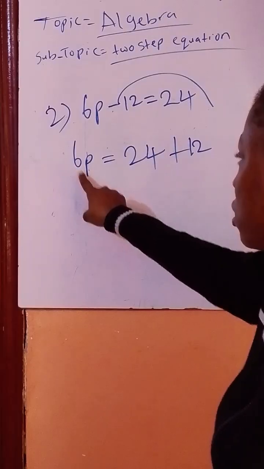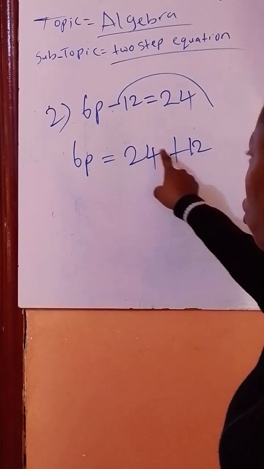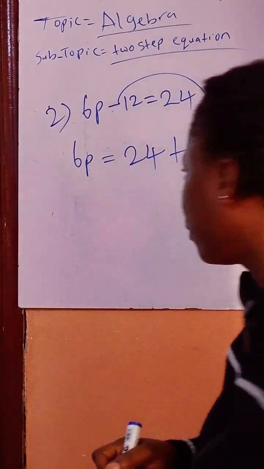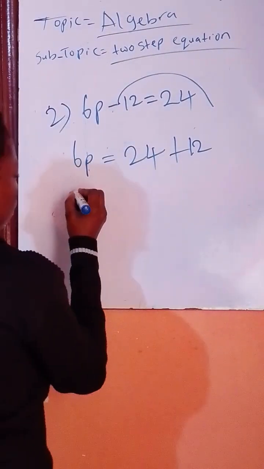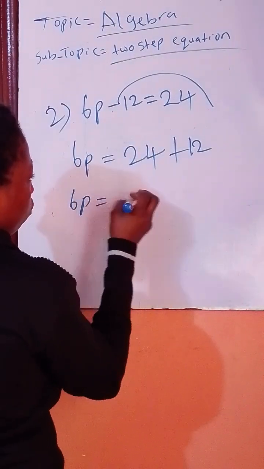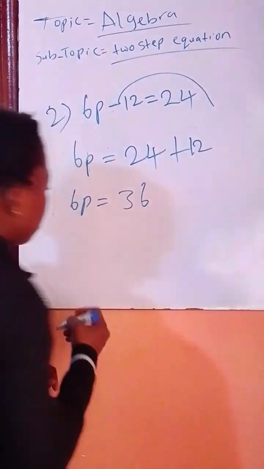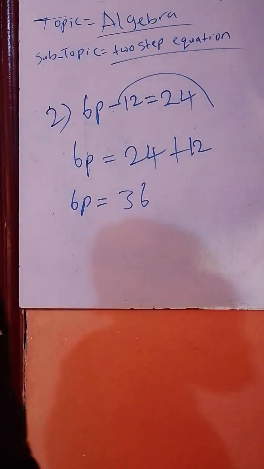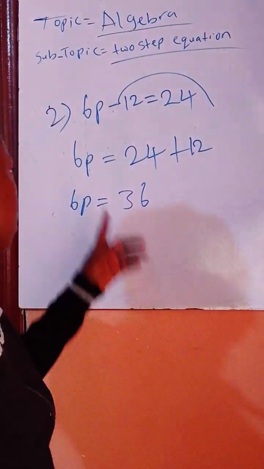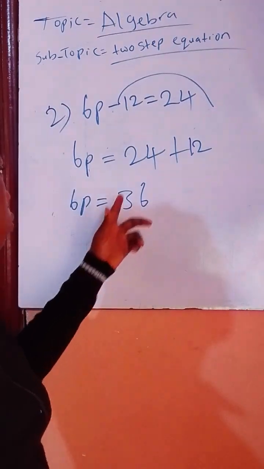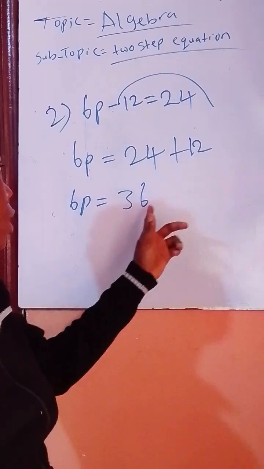Then 6p equals 24 plus 12, which is going to give us 36. Bring down your 6p equals 36.